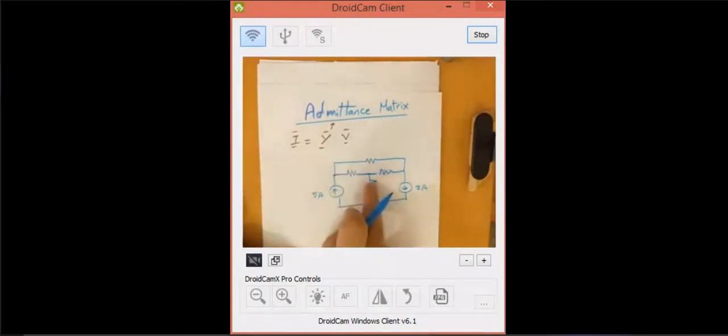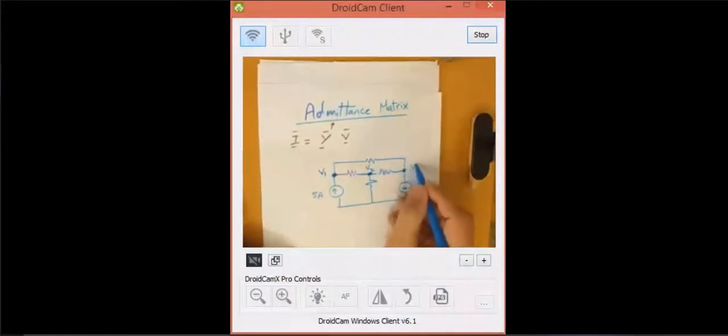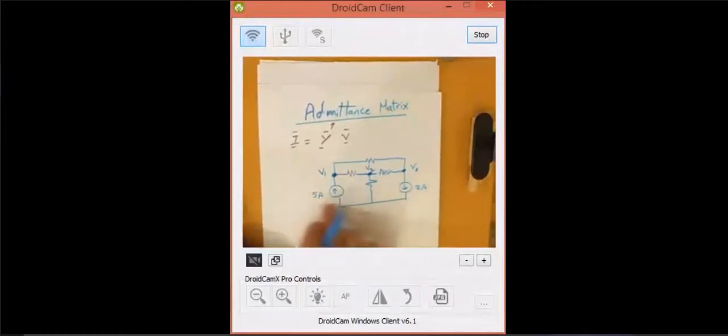To find the Y matrix, first we need to know the nodes. So this is node number 1, so we assign here V1. This is node number 2, so this is V2. This is node number 3. And this is node number 4.